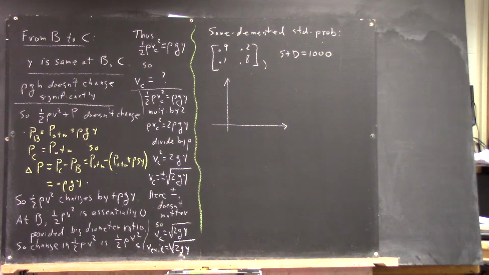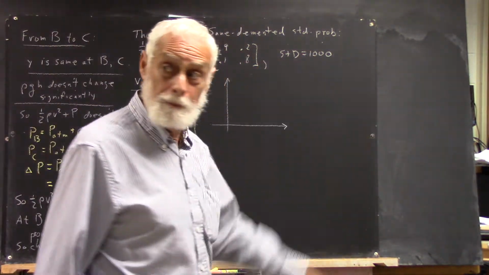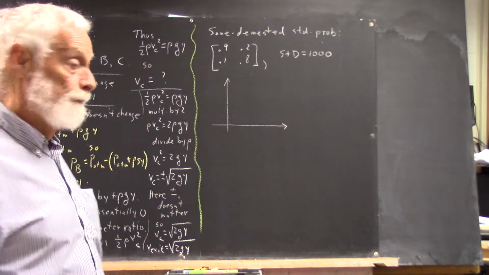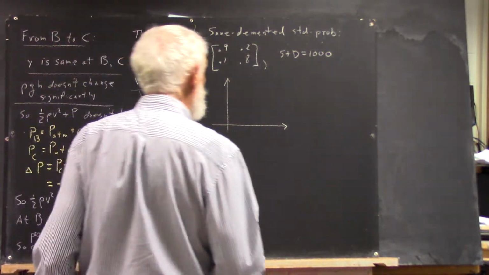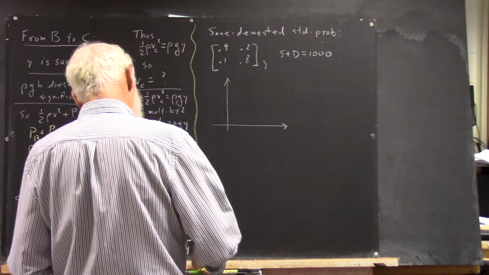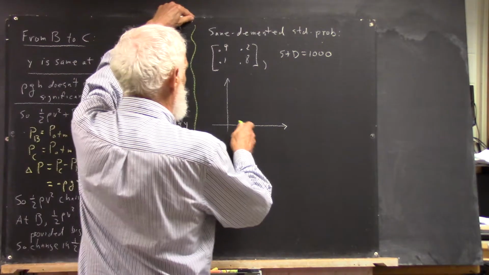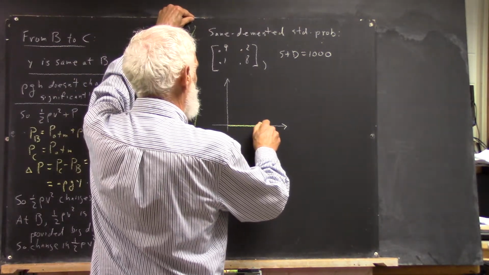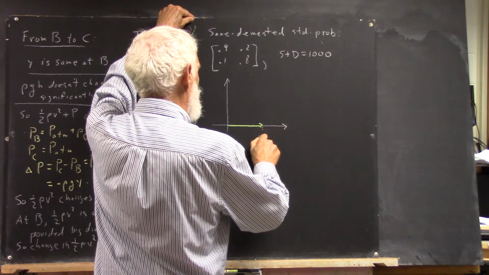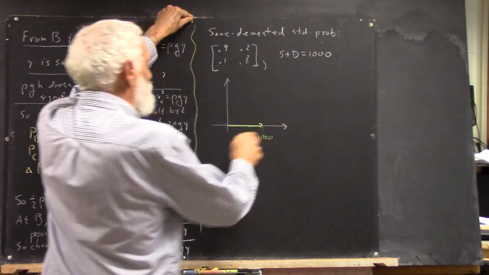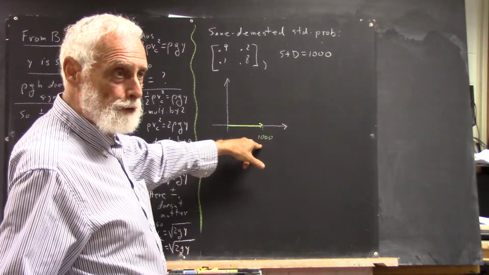Okay, here's our standard sane demented problem. And what we know about it is that you could start with population vector (1000), right?